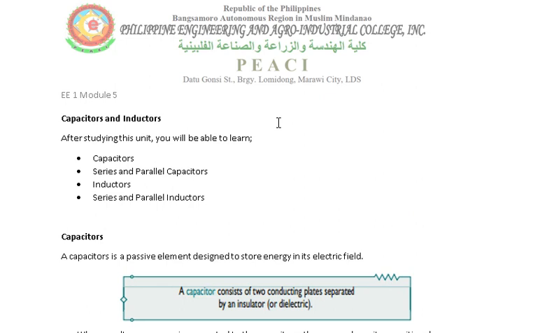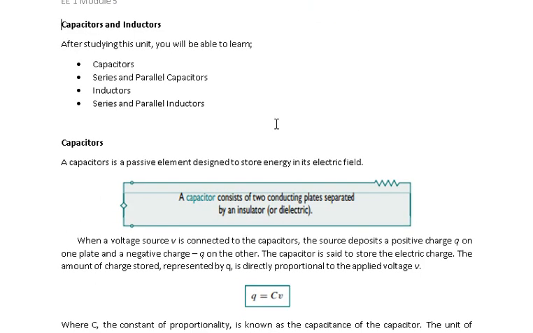Today we will be continuing our discussion for our subject here in ES 211. Last meeting I discussed the series RL and RC circuit. Supposedly, this would be the week 7 and 8 topics that we have to discuss.